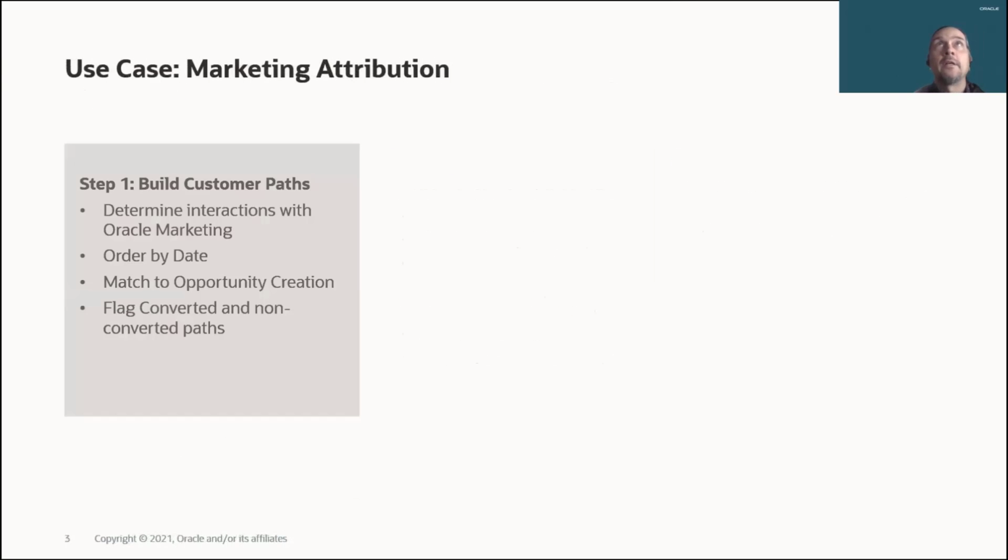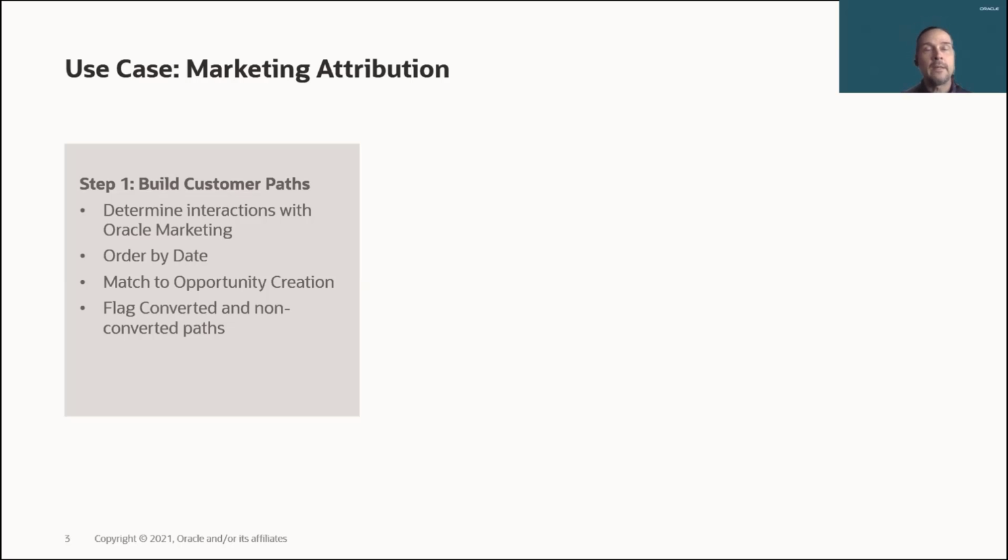Our main use case here is going to be the marketing attribution. Just to give you a simple overview of what this looks like, we really have a 3-step process. The hardest part of the process, of course, is building out the customer paths. Markov chain marketing attribution requires you to know which campaign touches a customer has had throughout the engagement process until it turns into an opportunity, or until an opportunity is not created.